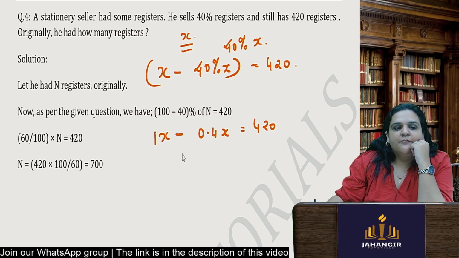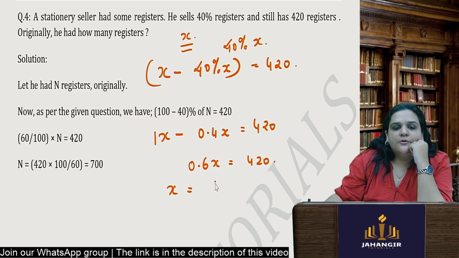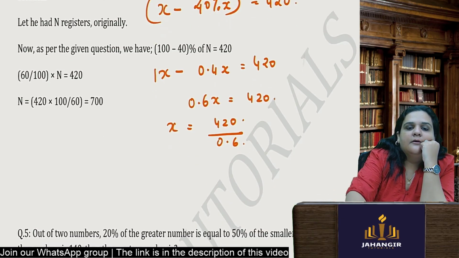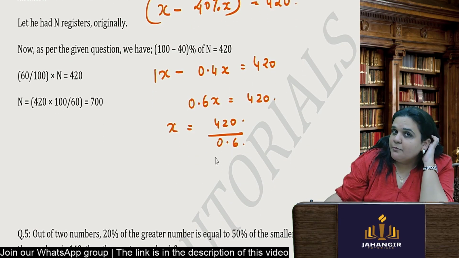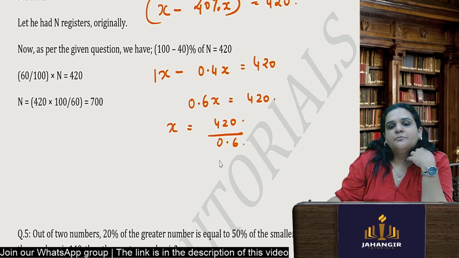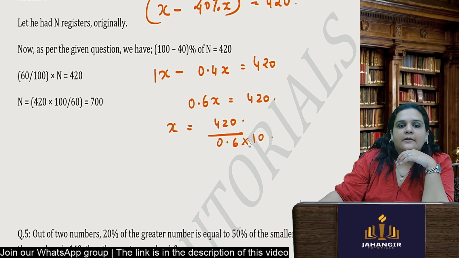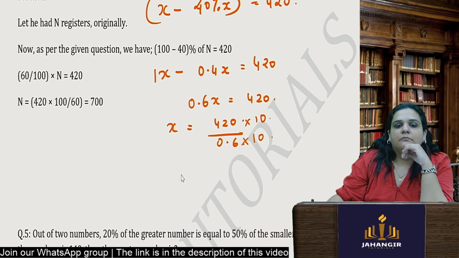1x minus 0.4x will be 0.6x equals 420. X will be equal to 420 upon 0.6. Now in order to convert this 0.6, you have to do a multiplication: multiply this by 10 and also the numerator by 10.